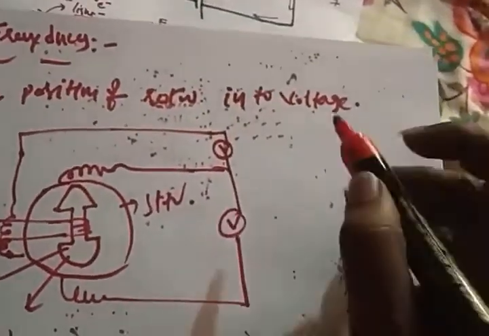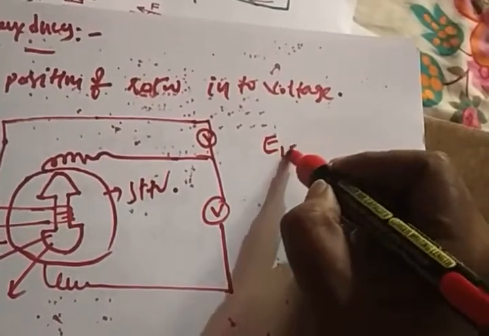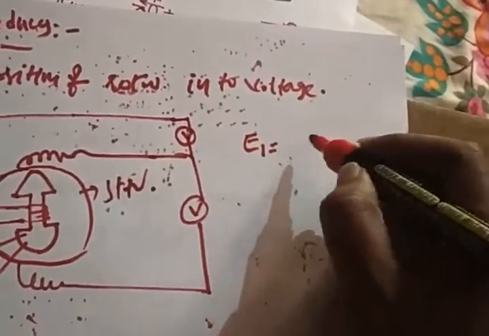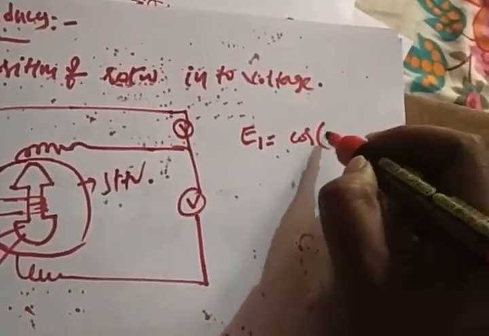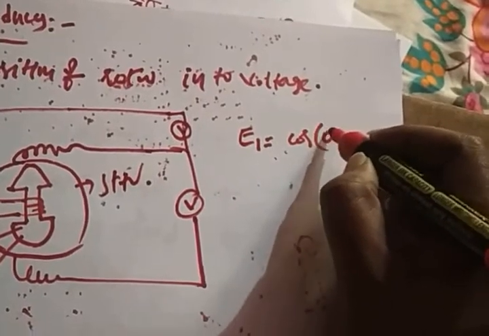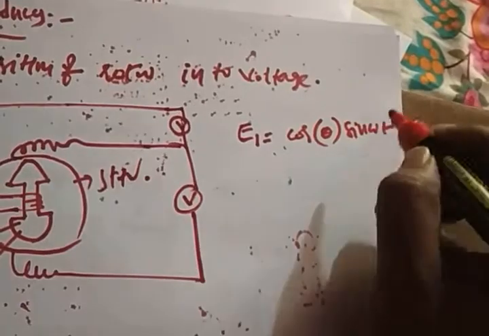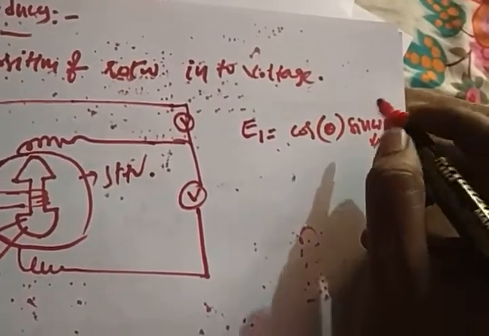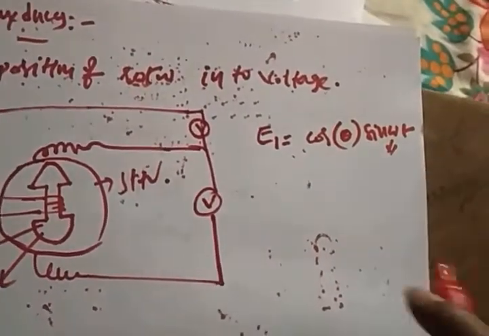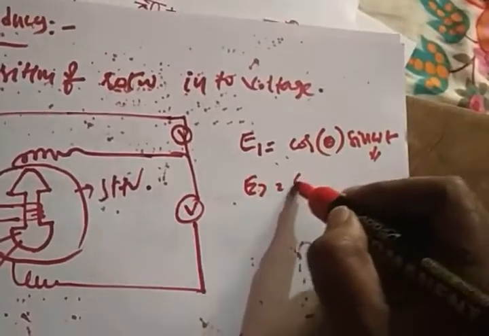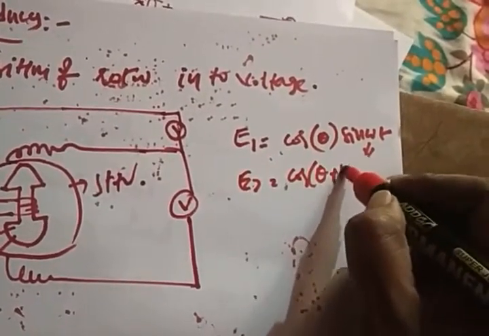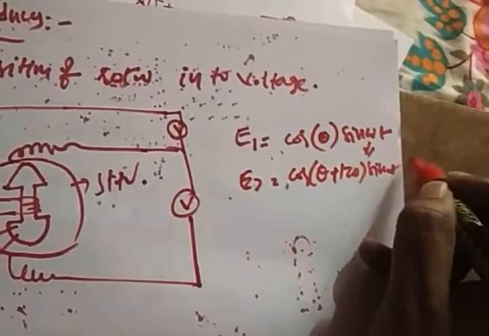So the voltage that you get is E1 equal to cos of the position, we can call it theta, sine omega t. Omega is nothing but 2 pi f, the angular frequency, and t is time. E2 is equal to cos of theta plus 120 degrees into sine omega t.